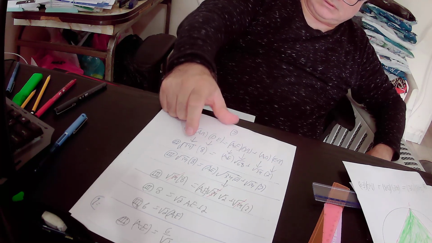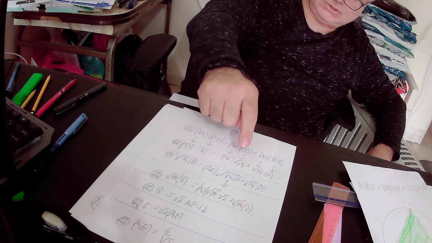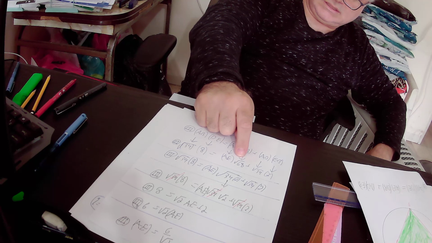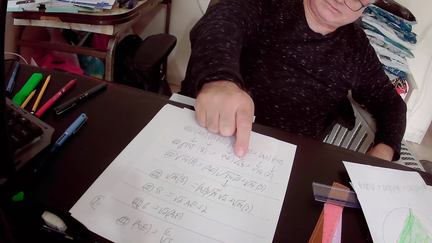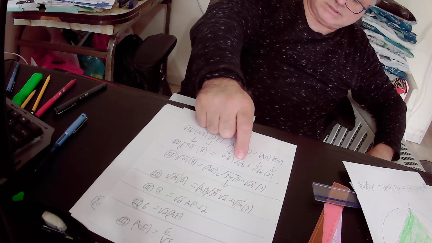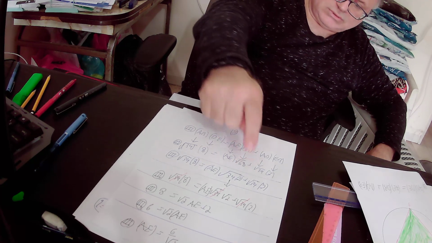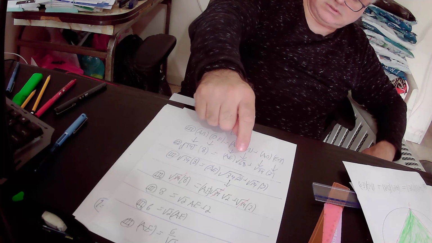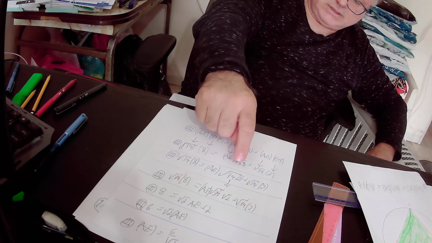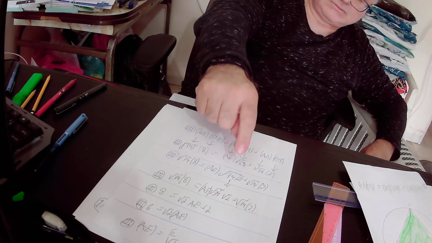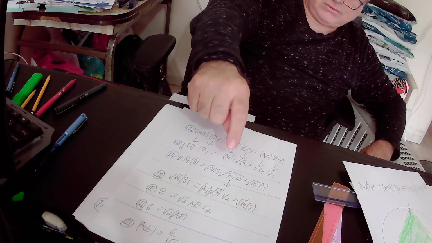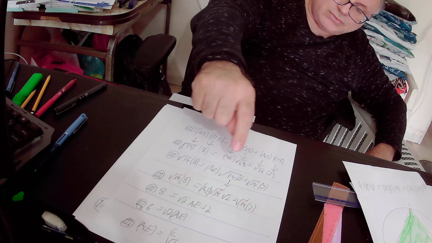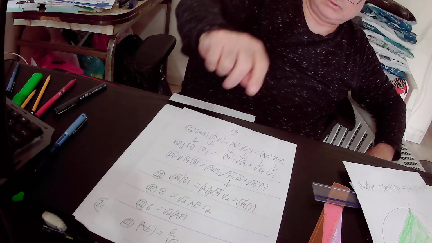Then I copied this equation number 3 here, and we change only this expression. 68 equals 34 times 2, so we substitute 68 by 34 times 2. And we have the rule that the square root of A times B equals the square root of A times the square root of B. Therefore, the square root of 34 times 2 will be equal to the square root of 34 times the square root of 2.